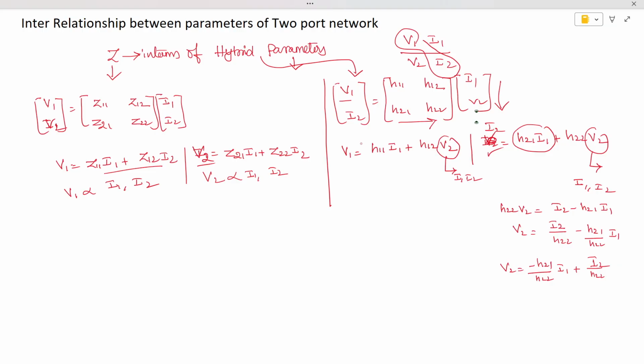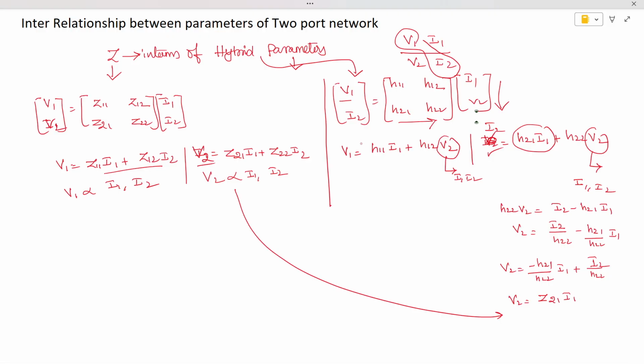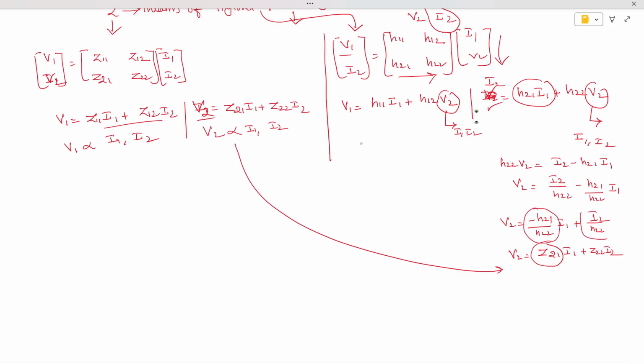Compare with the standard format. What is the standard format we have for V2? V2 is equal to Z21 I1 plus Z22 I2. So now we have got two parameters. This is Z21, and 1 by H22 is equivalent to Z22.